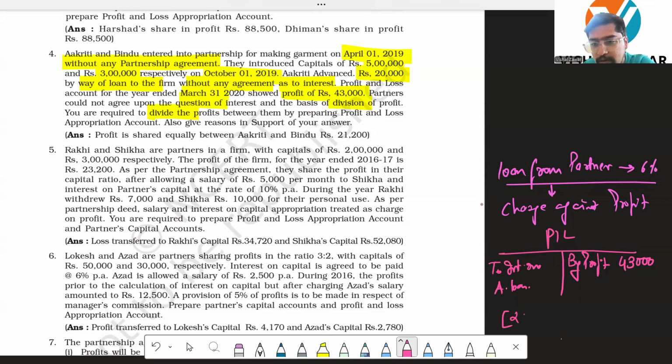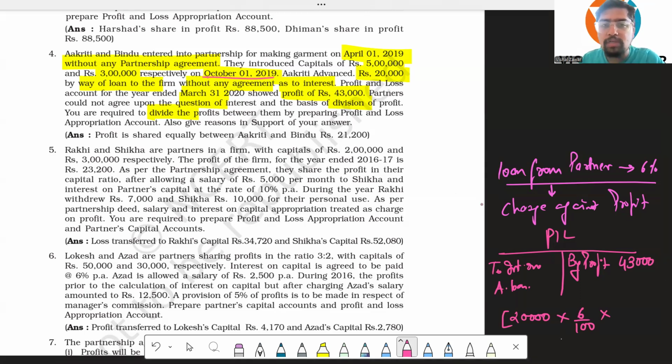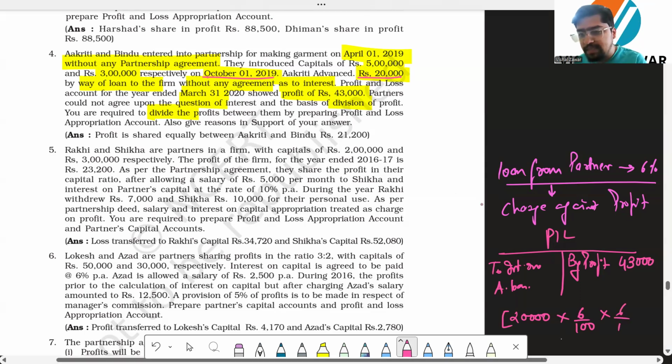The loan is rupees 20,000 at the rate of 6%. Nothing has been told about the date, but we understand that they have introduced the capital on 1st October 2019, so on the same date, we can presume that Akriti has given the loan. So from October, November, December, January, February, March, for 6 months, we need to pay interest to Akriti.